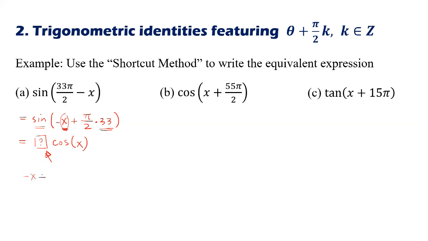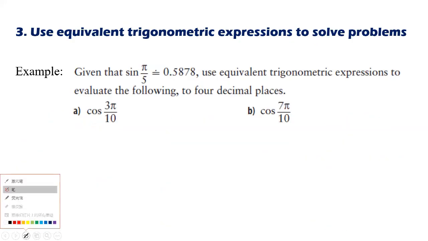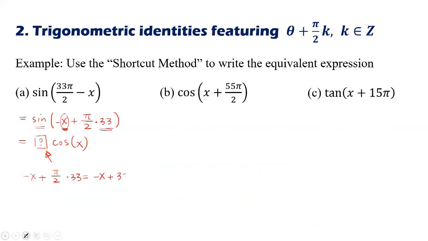Okay, so minus x plus half pi times 33 is actually minus x plus 32 pi over 2 plus pi over 2, right?